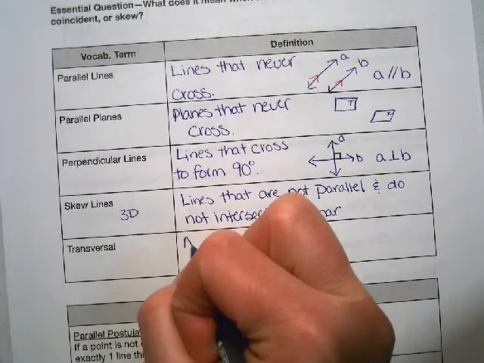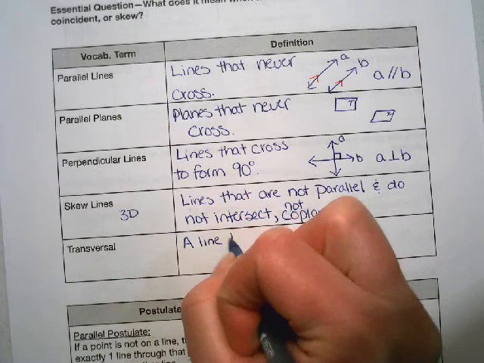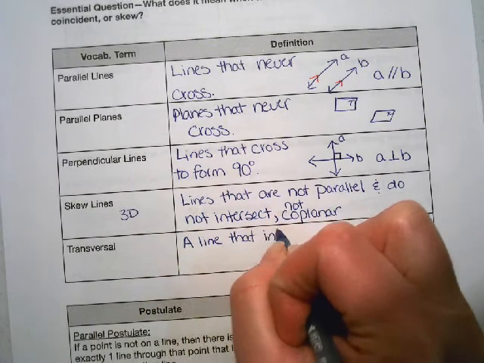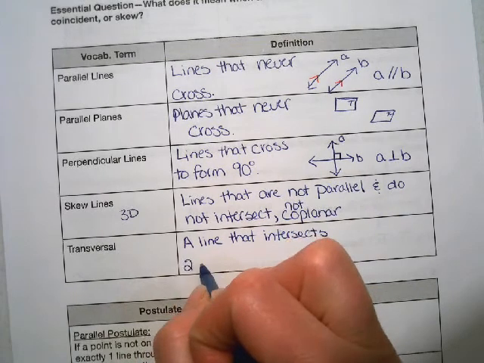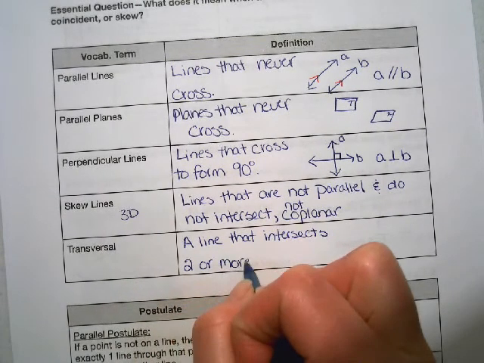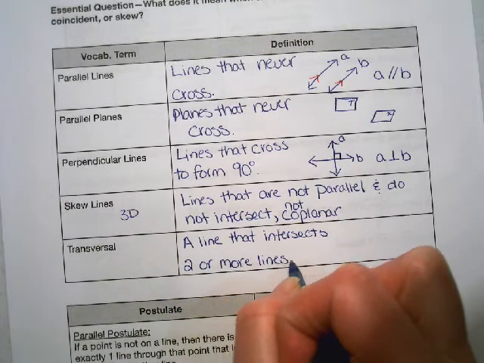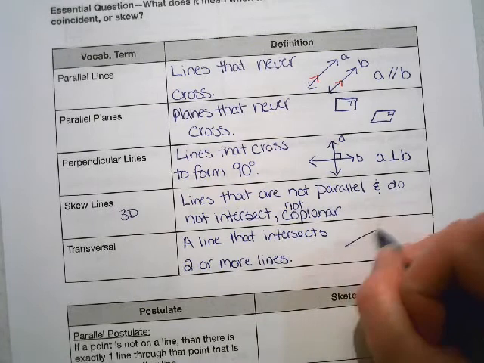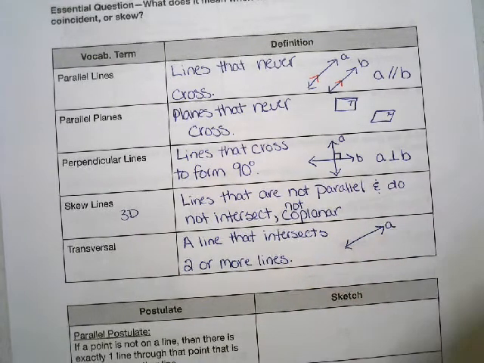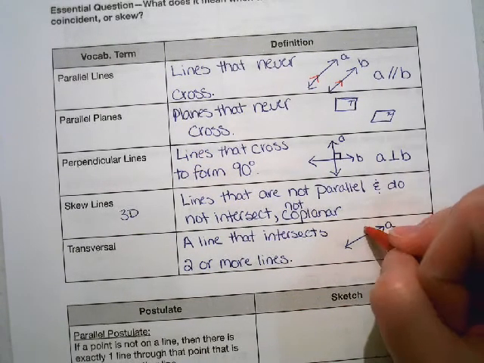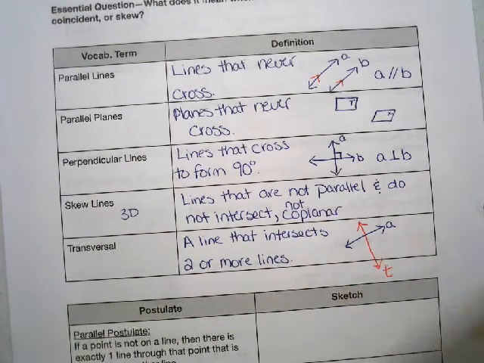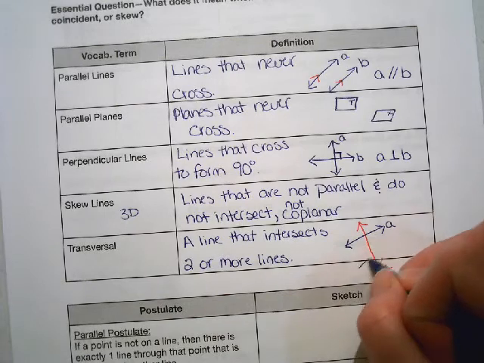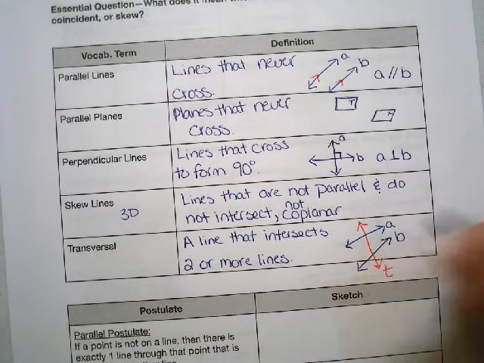All right, and then a transversal is a line that intersects two or more lines. So let's just say we take line A, and I'm going to use a different color here. Let's call this my transversal, so this is T. Notice it's going to intersect A, but then I need another line.